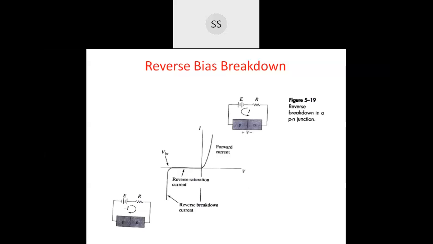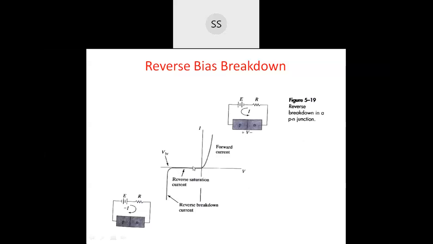This small current exists until a critical reverse bias is reached. Up to that point you can observe the small reverse current, and at that VBR, the critical reverse bias voltage, the reverse breakdown happens.